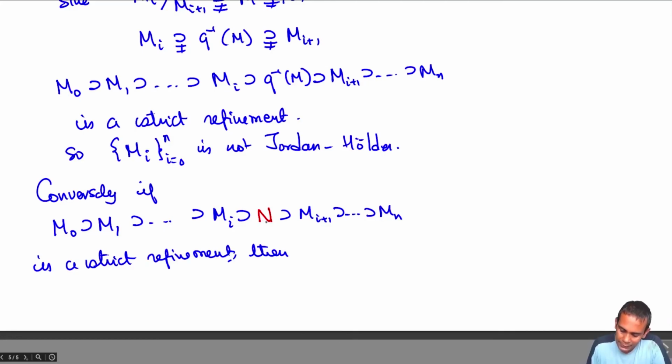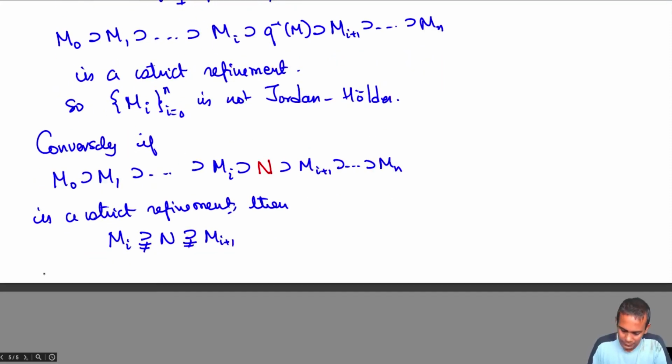So what that means is that this N is neither equal to M_i nor equal to M_{i+1}. So what we have is M_i strictly contains N, which strictly contains M_{i+1}.